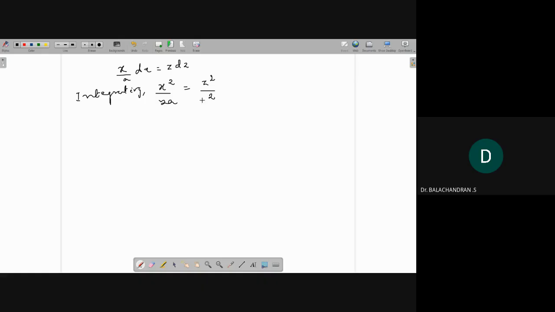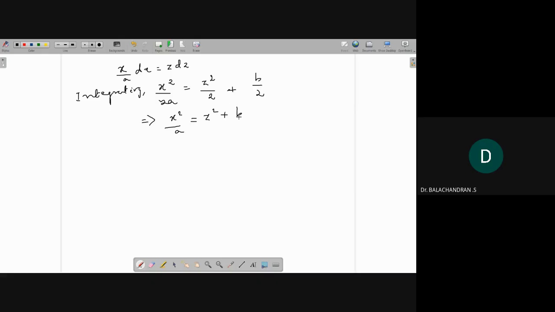Everywhere the denominator will have 2, that's why I will write b by 2. Now, throughout multiply by 2, you will get x square by a equal to z square plus b.